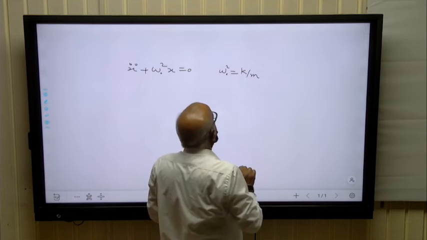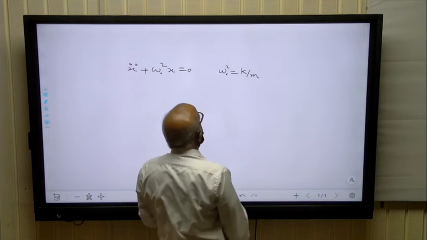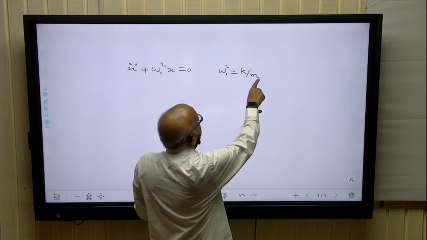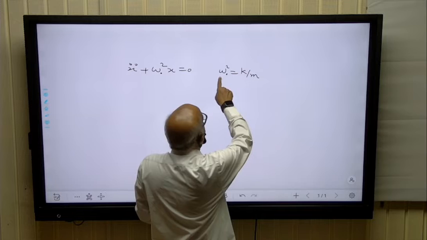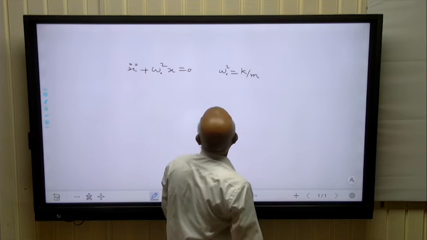K by m is constant, therefore omega naught square should also be constant, and k is the property of force, m is the property of mass. Therefore omega depends upon both the quantities.